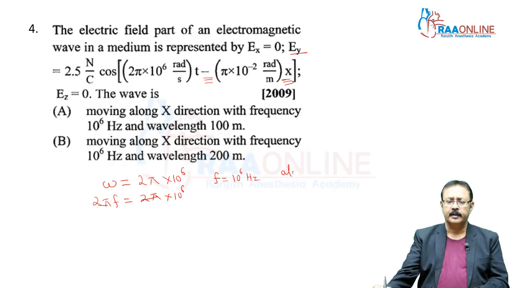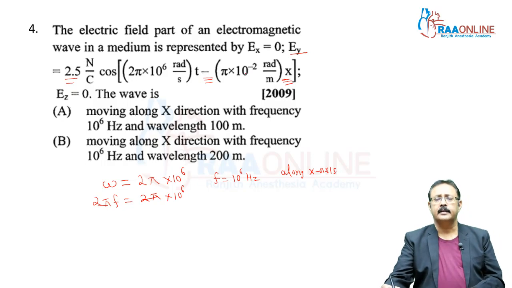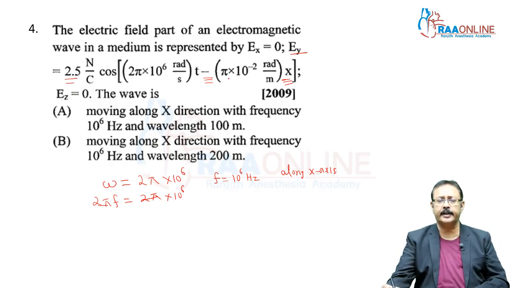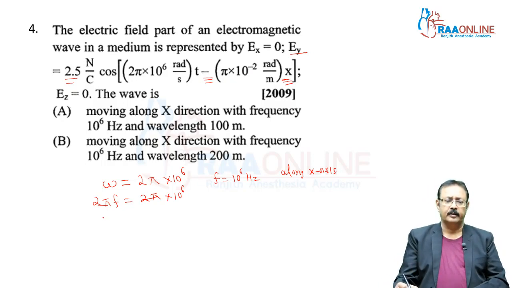Direction along x-axis. What next we can find? Amplitude. Amplitude of vector is 2.5. And with x, there is k. And what is k? 2 pi by lambda. So in place of 2 pi by lambda, what we are observing here?